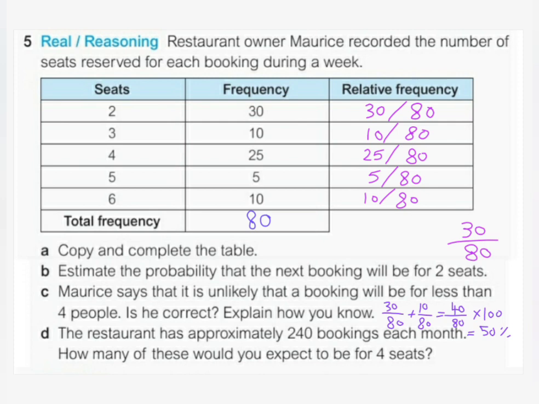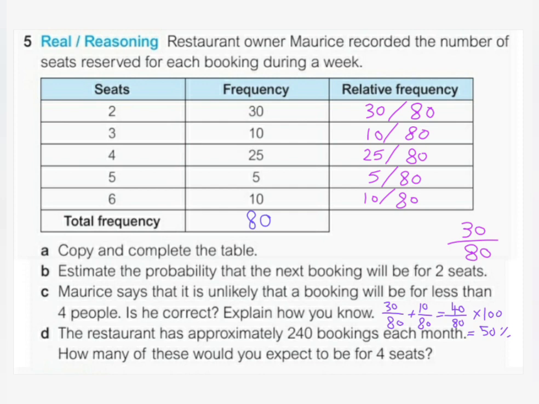Now, let's answer question D. The restaurant has approximately 240 bookings each month. How many of these would you expect to be for 4 seats? He wants to know, out of 240 bookings, how many of them will be for 4 seats approximately. This is easy.